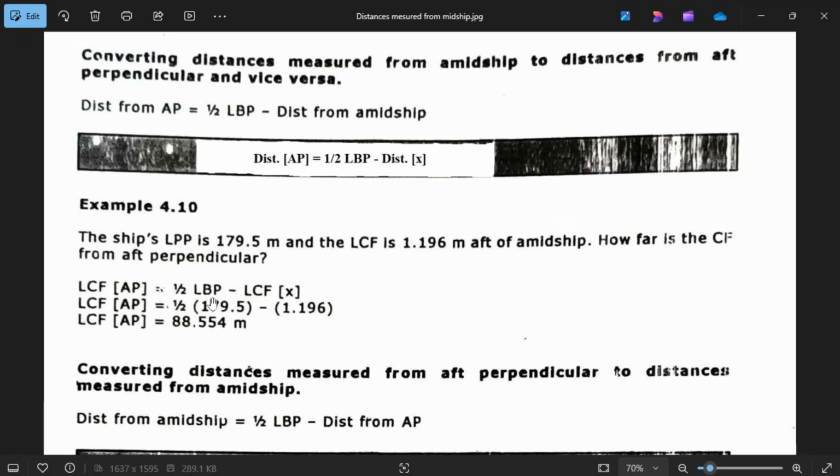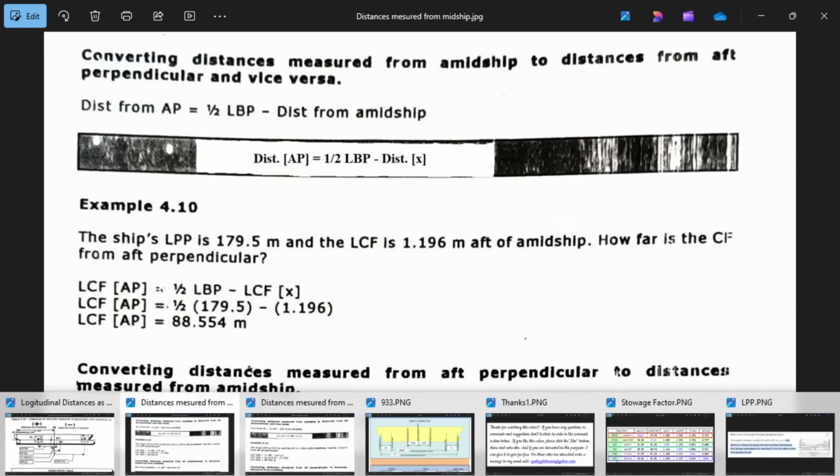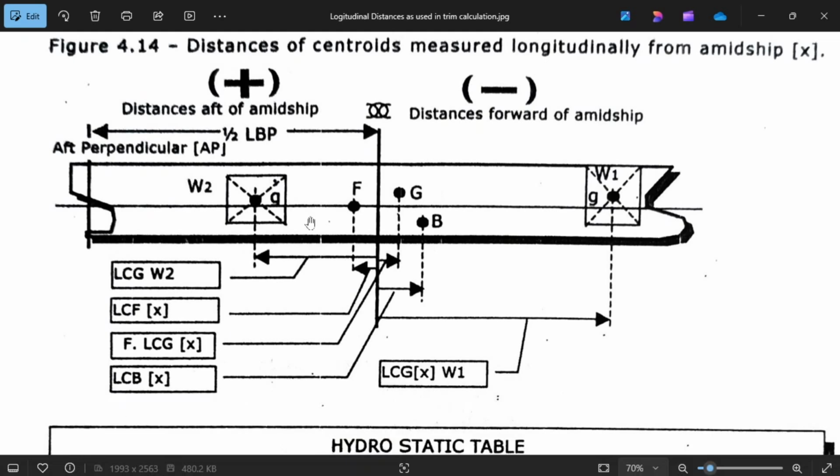Example, your 1/2 LBP is 179.5 minus your LCF, which is 1.96, meaning 1.96 is from the center here, minus your 1.96. What will be the distance here of your new LCF?